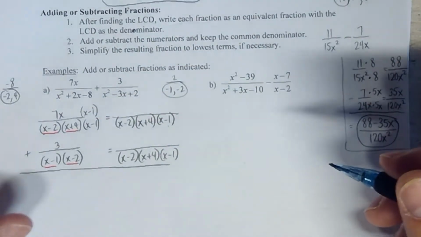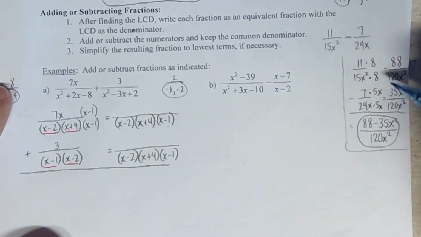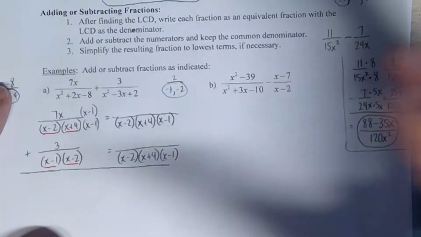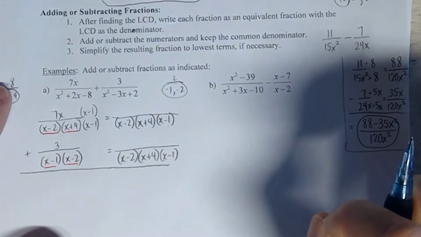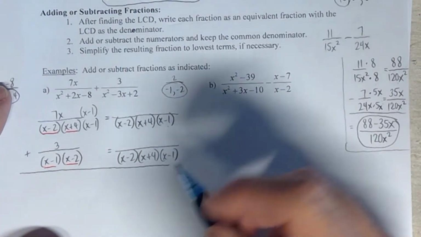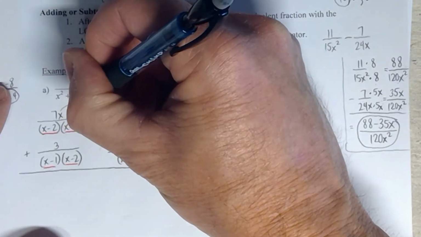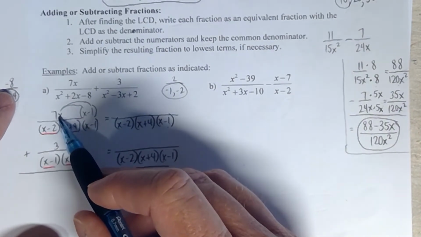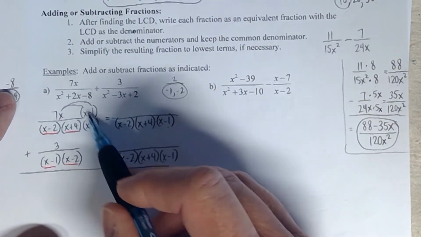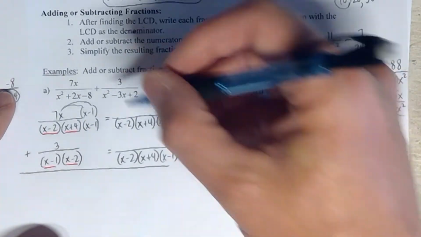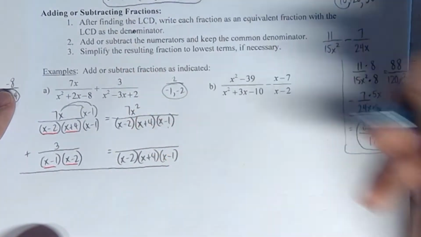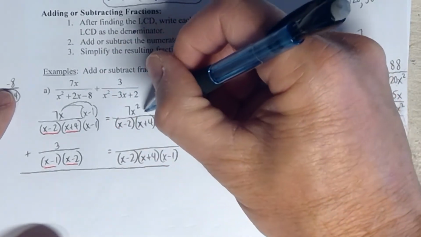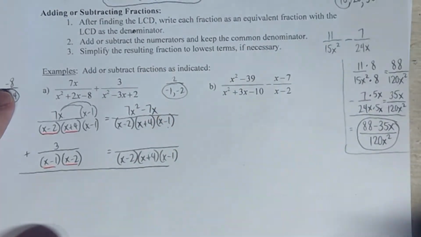Then, because we're eventually going to combine like terms when we make the denominators the same, you want to get rid of the parentheses on the top, not on the bottom. The bottom you can keep the parentheses. On the top you need to get rid of the parentheses so that you'll be able to attempt to combine like terms. The way you get rid of those parentheses when you have a term times a bracket is to distribute like this. 7x times x is 7x squared. 7x times negative 1 is negative 7x, like that.